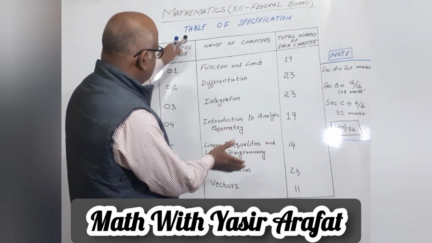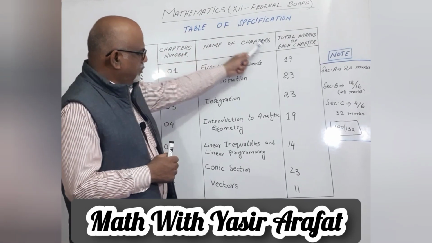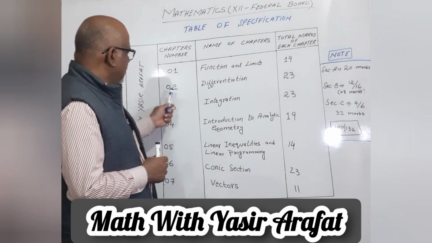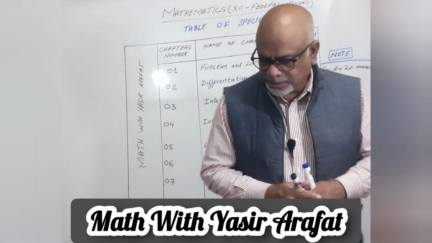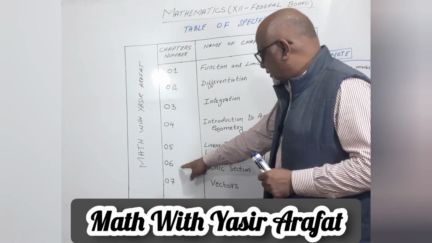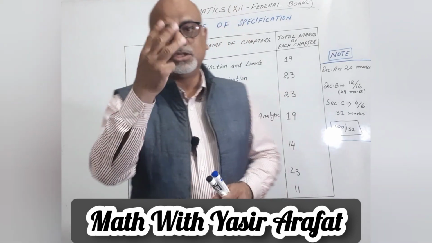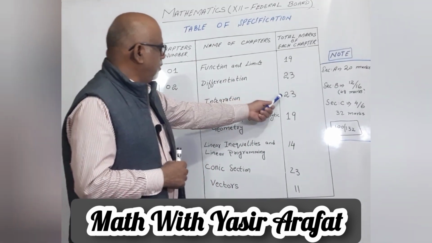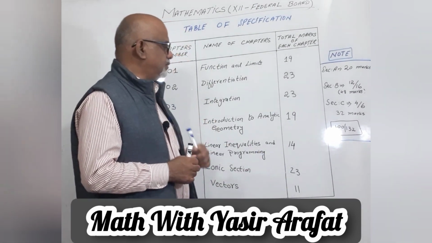Now dear students, focus again on this specification table. If you look at this chart chapter wise, you have to concentrate more on chapter 2, chapter 3 and chapter 6, these 3 chapters: 23 marks of chapter 2, 23 marks of chapter 3 and 23 marks of chapter 6 as well.